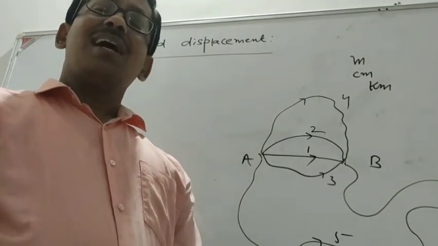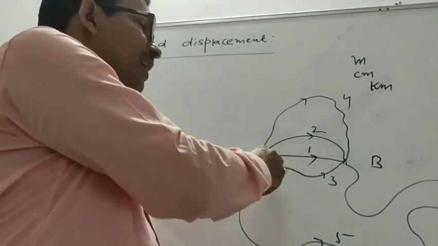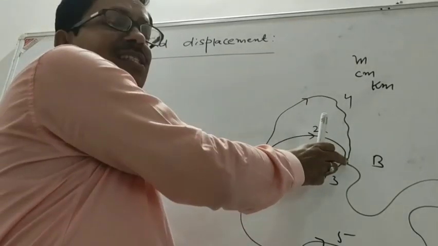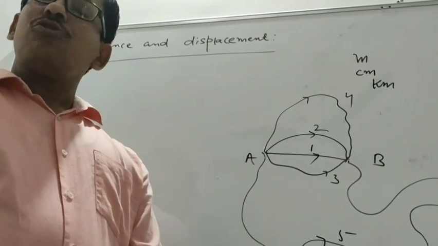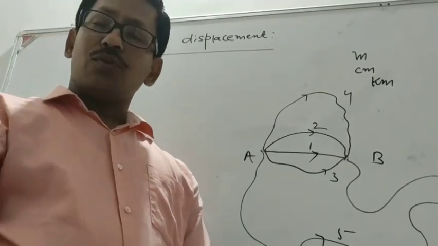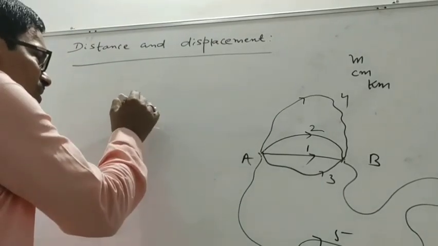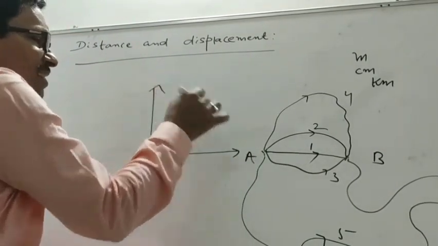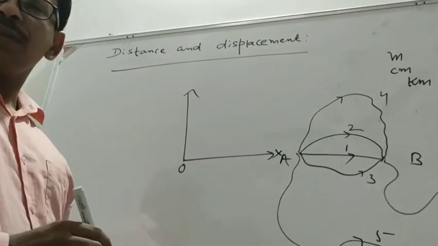How will the displacement be zero? Positive is easy to understand. Suppose we are going from A to B in a straight direction and some distance is covered, and the displacement is positive. How will it be zero? Suppose the body is traveling along the x-axis. It starts from here. This is the origin, suppose.